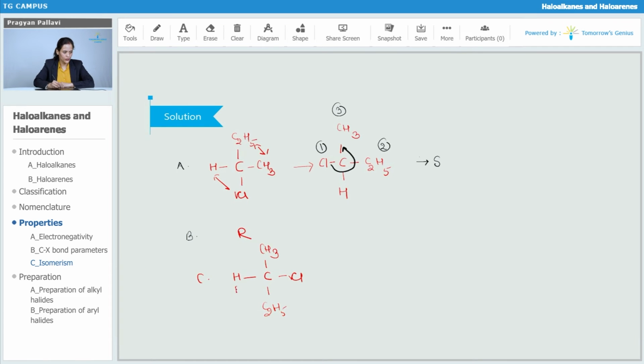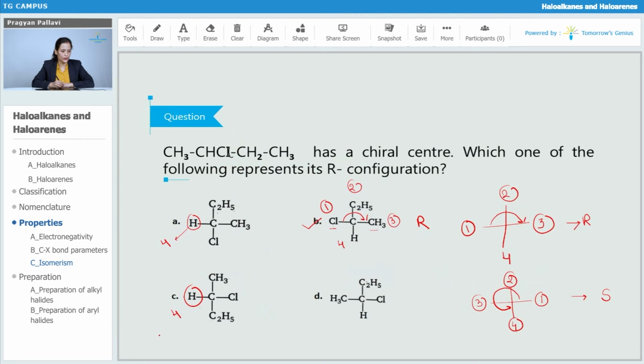We have to double swap the position, and then it will be C2H5, then Cl, this is CH3, and now we have the lowest priority hydrogen at the vertical position. Now let's start counting. 1, 2 and 3. Again it is anti-clockwise, and anti-clockwise is S. Similarly, let's check the fourth one.